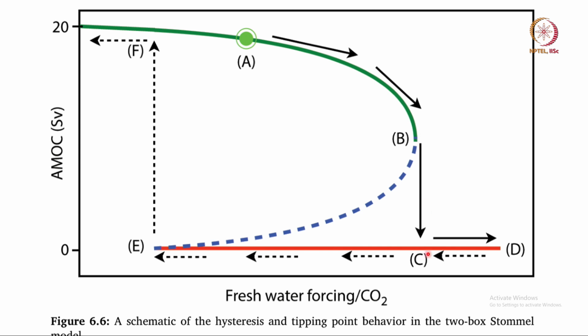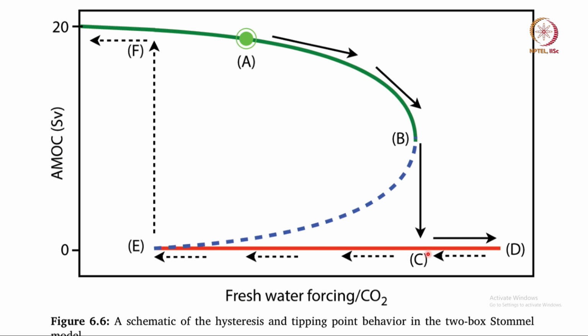Okay. So, our interest is knowing when point B will occur, because right now the Atlantic meridional ocean circulation is slowly declining, but we do not know whether it is due to the melting of Greenland and some other factor, for example sea ice in the Arctic, or is it due to natural variability.